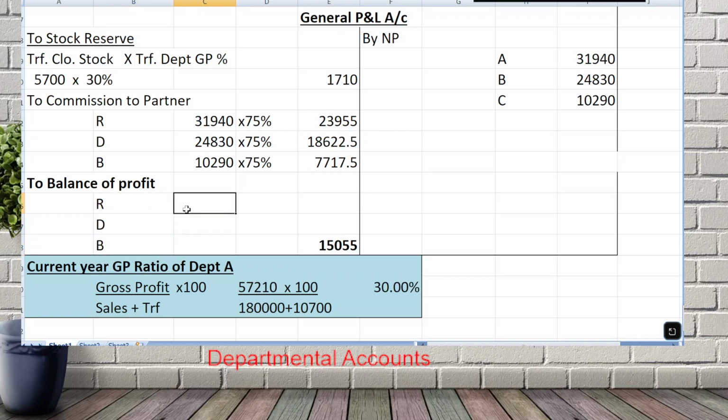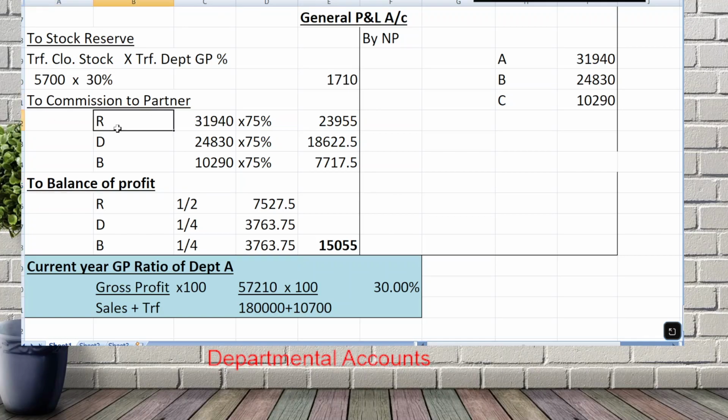In the ratio they share: 1/2, 1/2, 1/4, 1/4. So 15,055, this into 1 by 2, this into 1 by 4, this into 1 by 4. That's how they share. Balance of profit is shared amongst the partners.